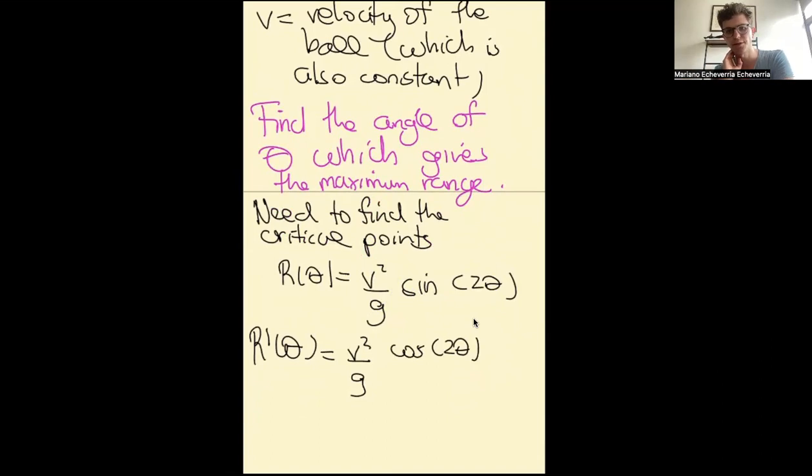Is that the full derivative, or is there something else missing? Times 2 because of the chain rule. So it should be times 2. Is that making sense?